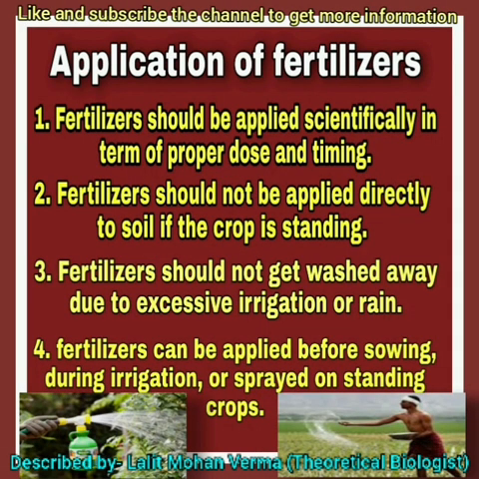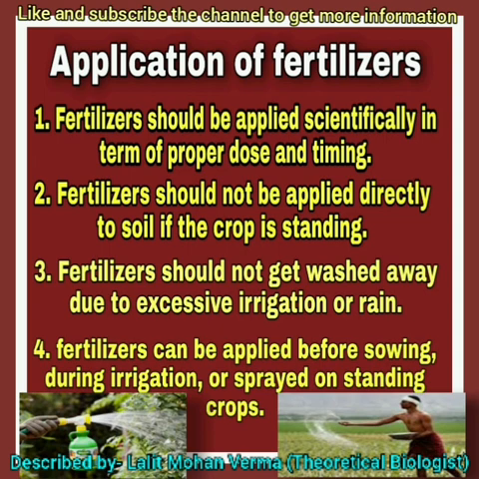Now, application of fertilizers. It should be applied carefully, students. How? Fertilizer should be applied scientifically in terms of proper dose and timing. Second, fertilizer should not be applied directly to soil. If the crop is standing, then it should be sprayed.